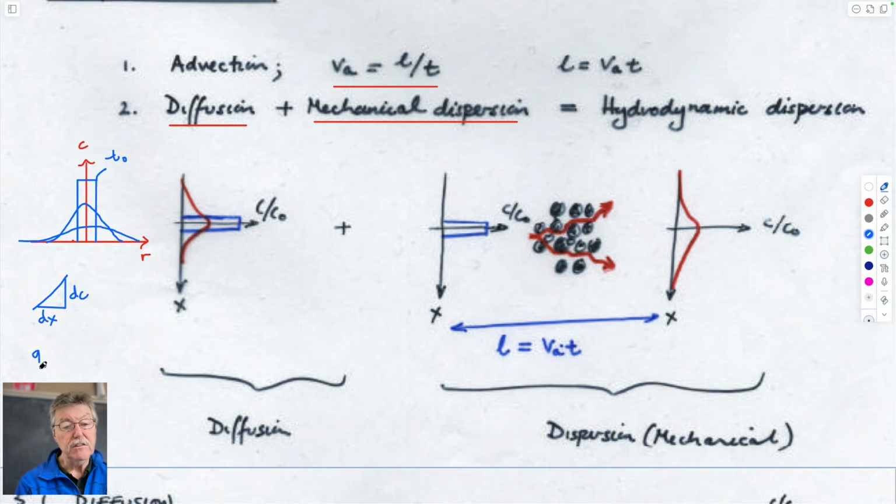And you know that Fick's law is given by a diffusion coefficient times a concentration gradient with a minus sign in front of it. D is the diffusion coefficient. Meters squared per second, I think, are the units, but let's not worry about that for now.